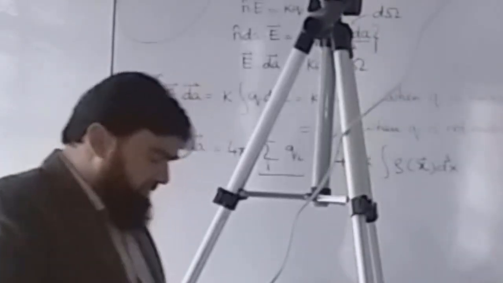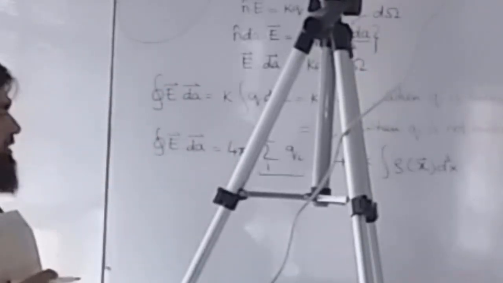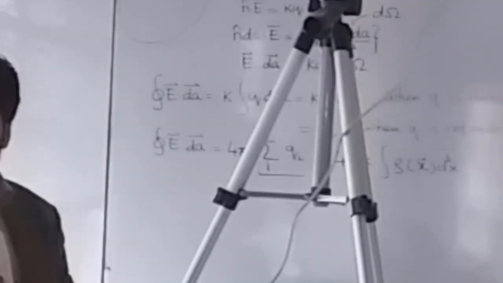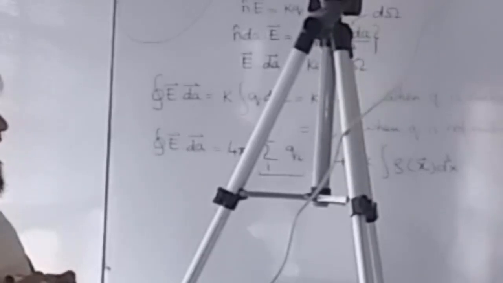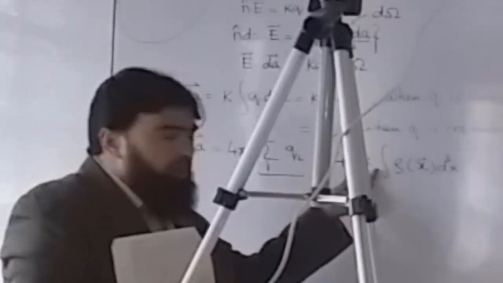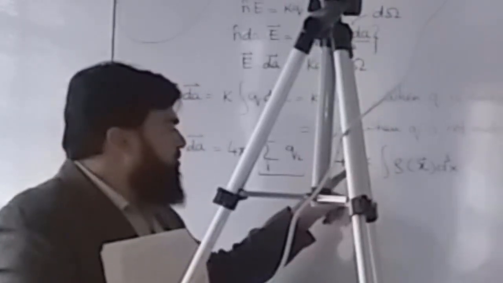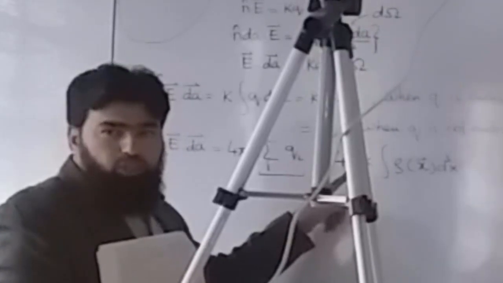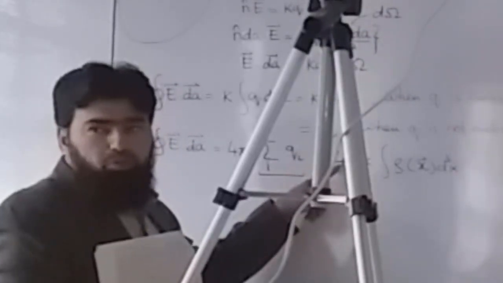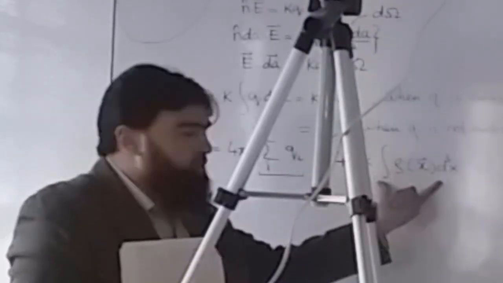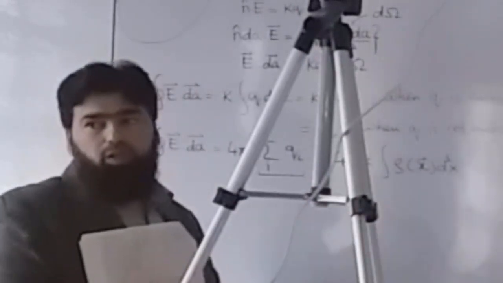I can easily convert this into differential form, which we have already done. Now here is 4 pi and here is K. K is 1 over 4 pi epsilon naught, so 4 pi will cancel with 4 pi, and this one is q. So q over epsilon naught.